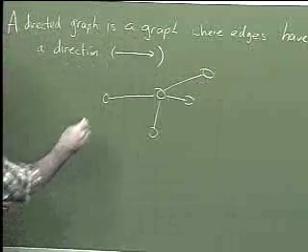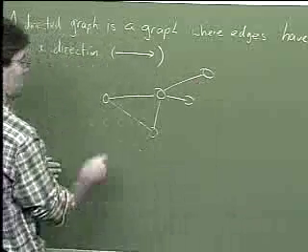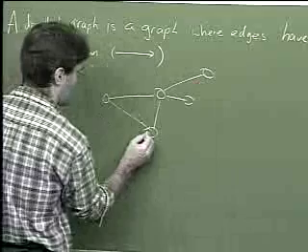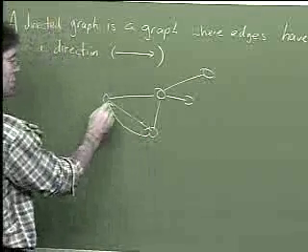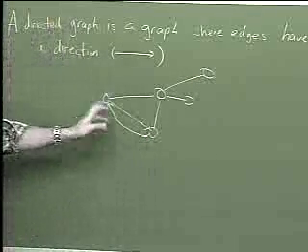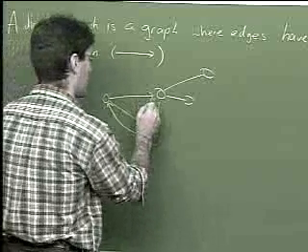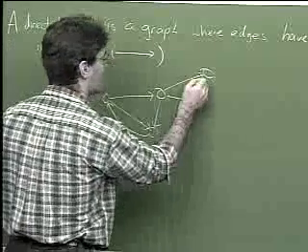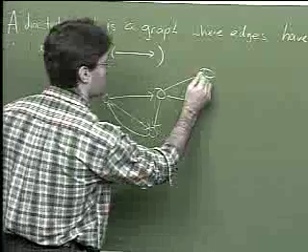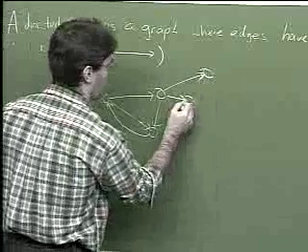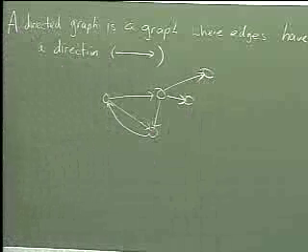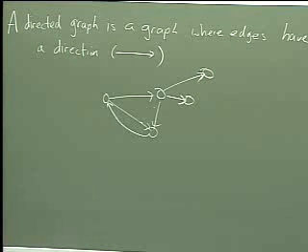You can always have an undirected graph, and you can put directions on the edges. In a directed graph, you can label separately. There can be two edges between a pair of nodes, one going in one direction, one going in the other direction. Or you may have just one edge going in one direction. Okay, these are my pathetic attempts to draw arrows.